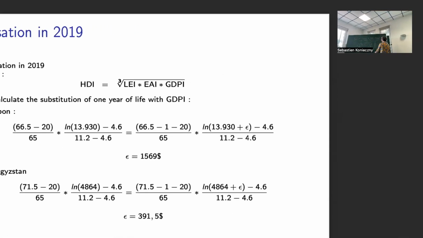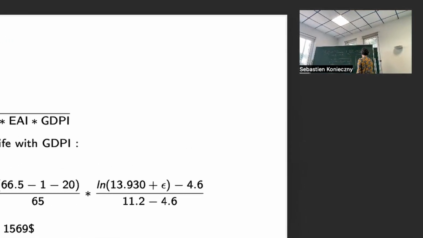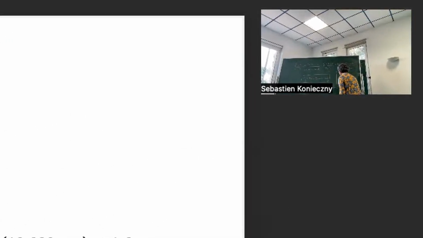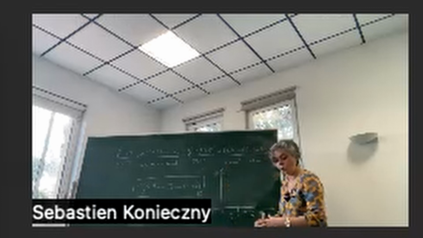Let's imagine this is your population, and I will divide it into five groups. Here are the poorest people, and then the less poor people. It is a cumulative representation of my population by how poor they are. Let's imagine all my resources are 100.